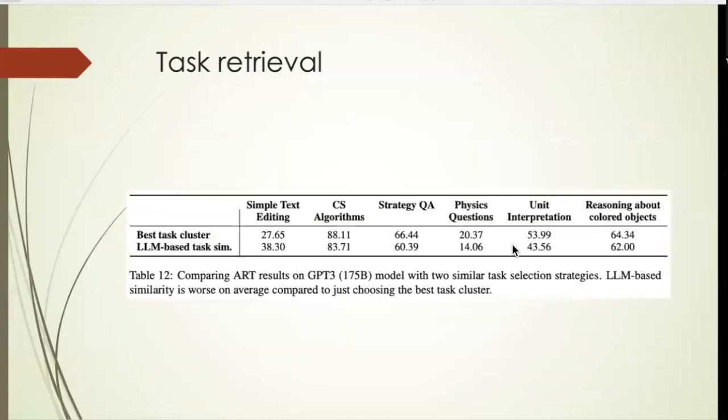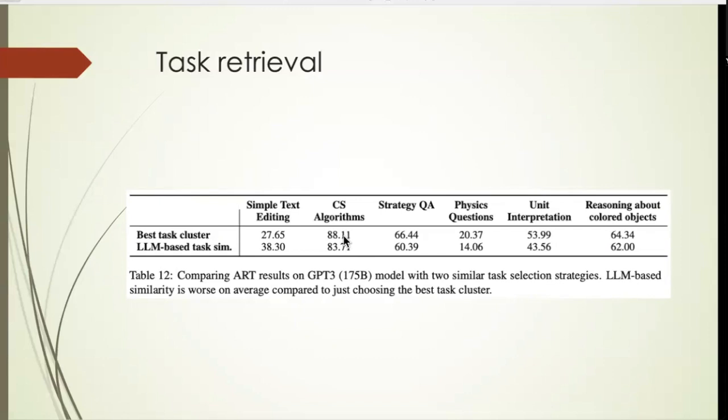And when they benchmark the performance, they actually find that just using one task cluster seems to outperform the LM-based task similarities. Why? Maybe because some of these problems do not require skills across different task clusters.